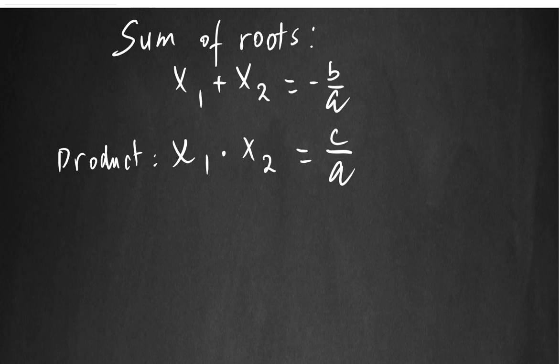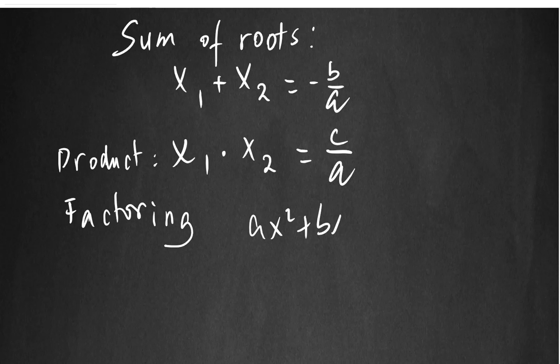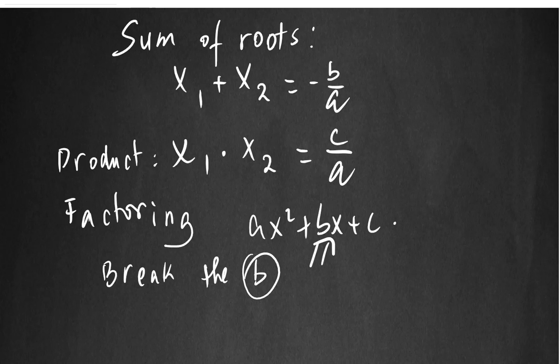And the final touch here is when we are factoring a regular ax squared plus bx plus c, it's always good to break the b here, break the b in two values that add up to b.